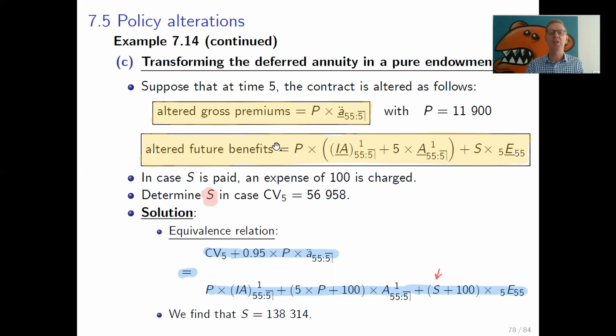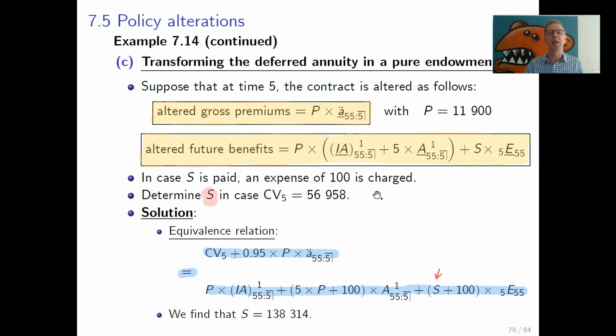But we want to change our benefits as follows. First of all, the premium refund guarantee remains the same, but instead of receiving an annuity amount of 10,000 per year from the age 60 on, no, what we want now is if we reach the age 60, we want an amount of S.